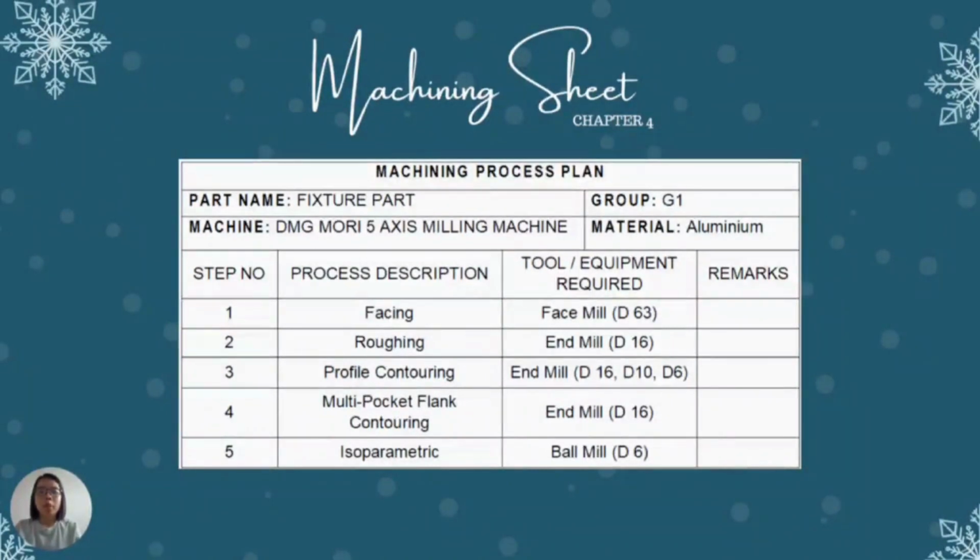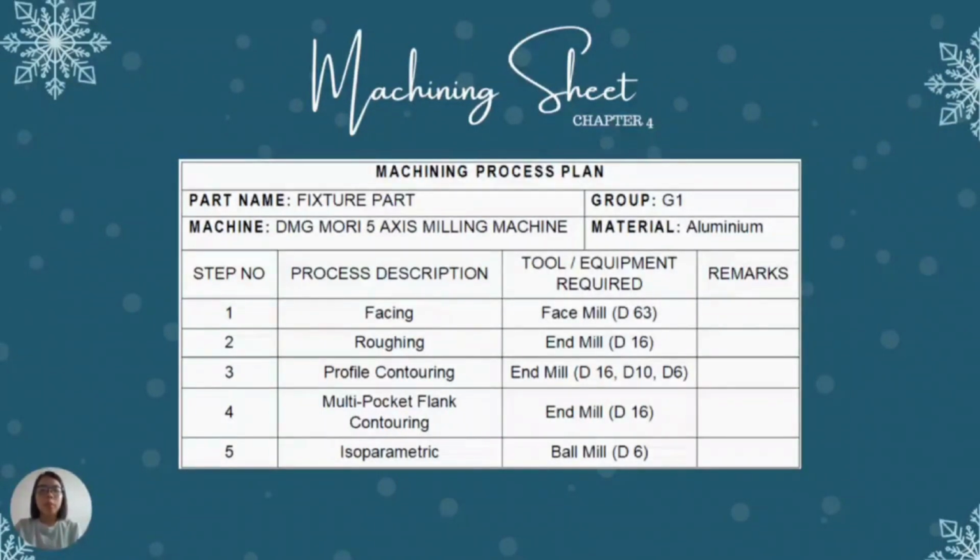The material of our workpiece is aluminum. We have 5 steps for our machining process, which are facing, roughing, profile contouring, multi-pocket frame contouring, and isoparametric.